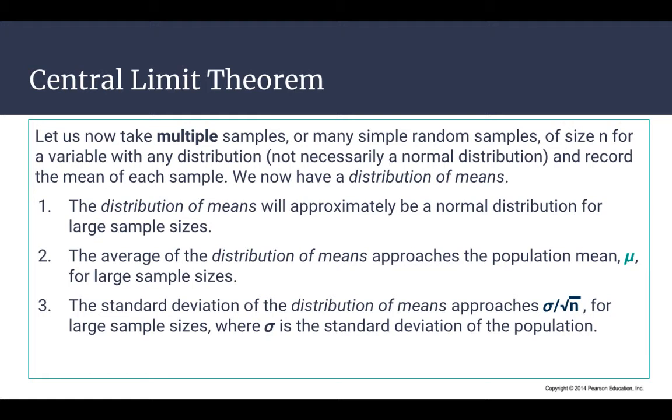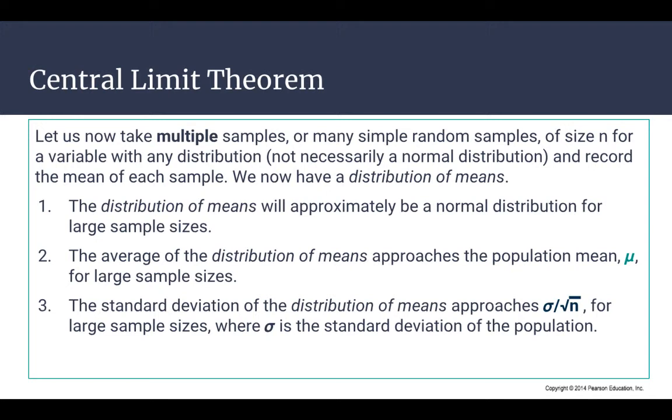So in the central limit theorem, what we're going to do is look at multiple samples. So let us now take multiple samples, or many simple random samples of some size n for a variable with any distribution. It doesn't actually have to be a normal distribution. And record the mean of each sample. We now have a distribution of means.